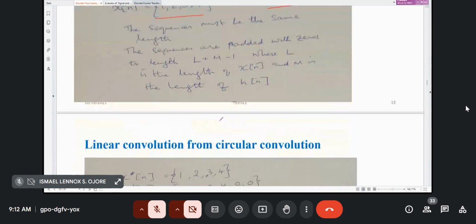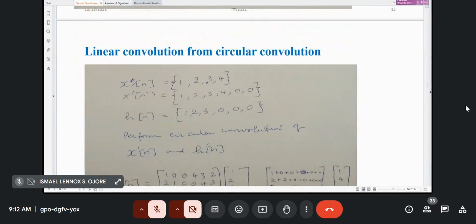So to do this circular convolution, you need to convert both of them to length L plus M minus 1, because once you multiply them, they will give you the same length. So you have to make these sequences the same length, and that length has to be the length of the output sequence of the linear convolution, which is L plus M minus 1.